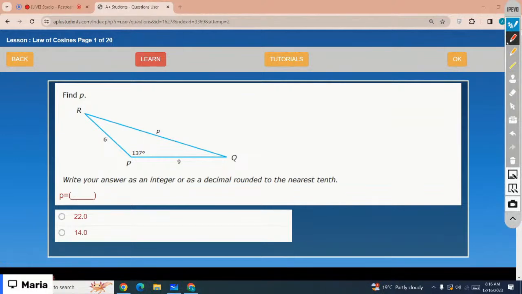So that means p square equals q square plus r square minus 2qr cos of angle p, right?